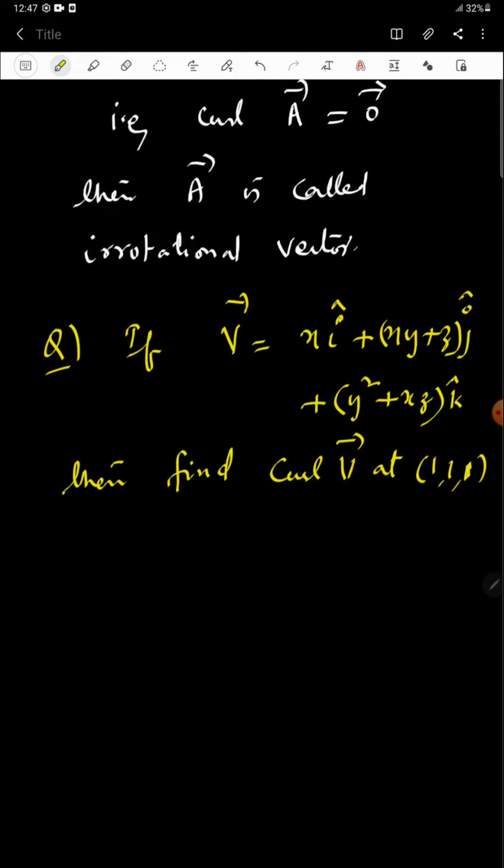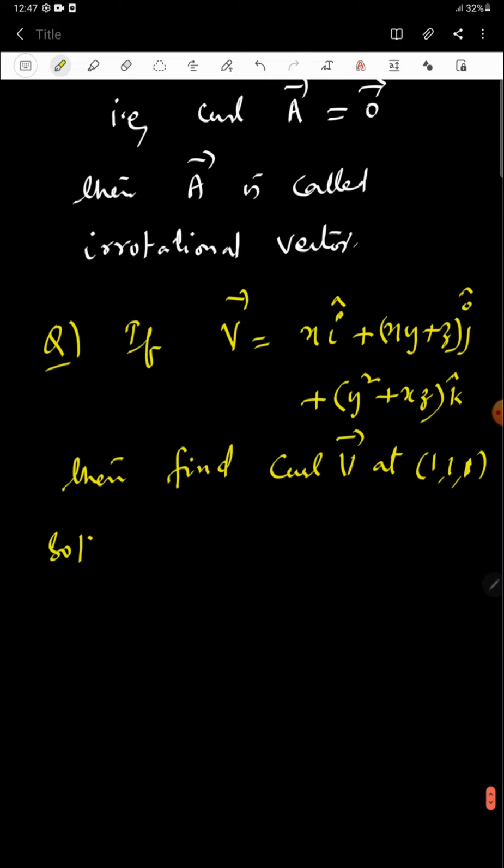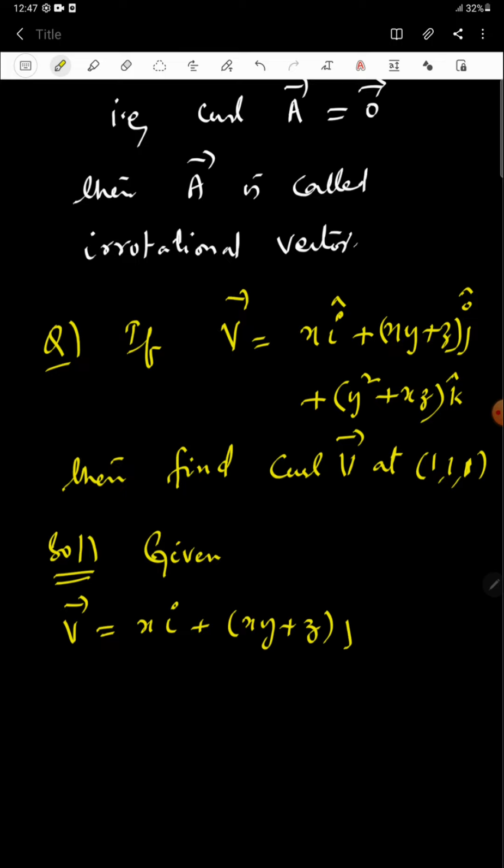Given vector V is xi plus (xy plus z)j plus (y square plus xz)k.